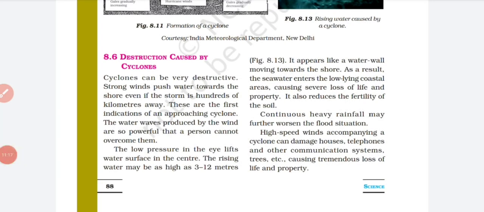Now, continuous heavy rain may cause a flood situation, and high-speed wind accompanied by a cyclone can damage houses, telephones, and other communication systems, trees, etc., causing tremendous loss of life and property. So these types of situations can occur at the time of cyclones.